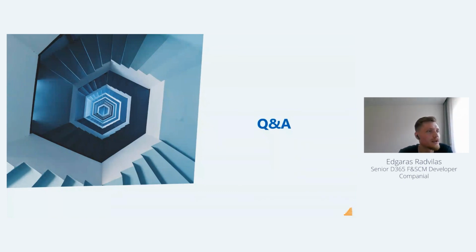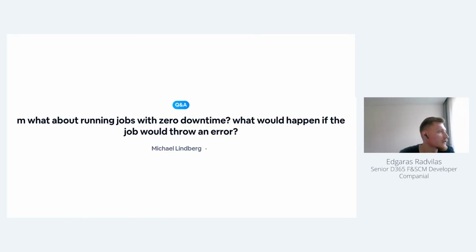Yeah, what about running jobs with zero downtime? What would happen if the job would throw an error? Okay, so I think if you try to do a test run, it should probably throw an error, and you should have an error message in the log.